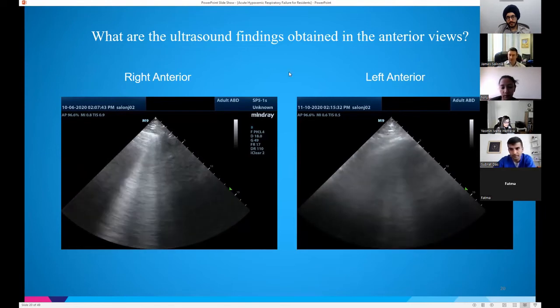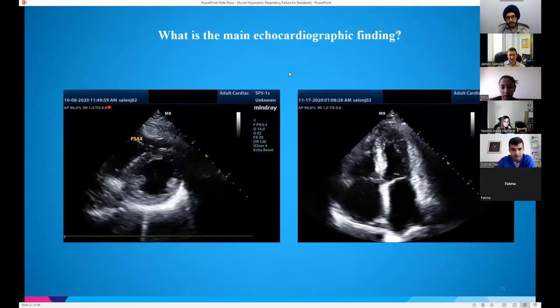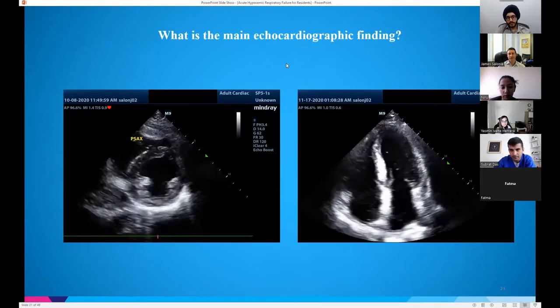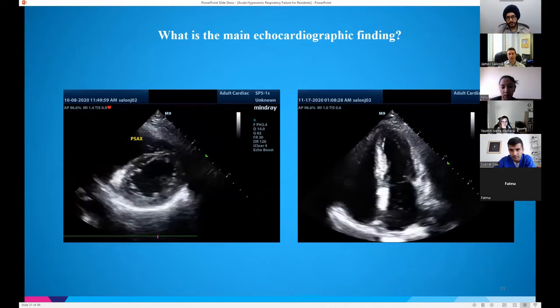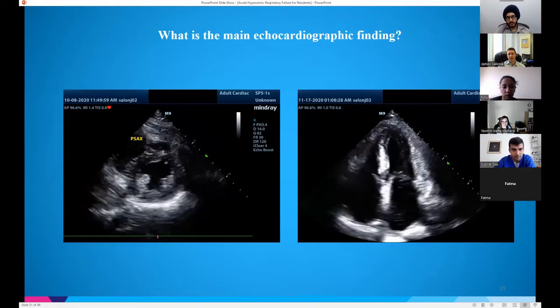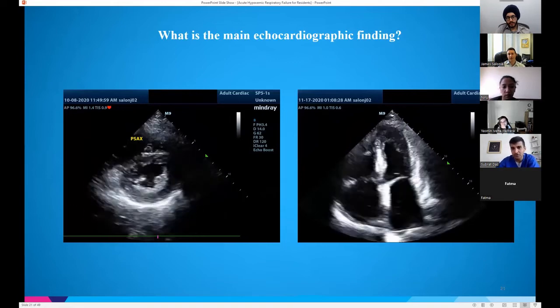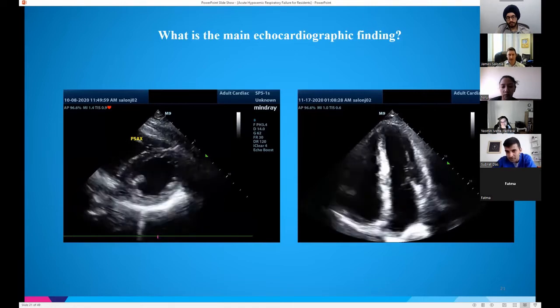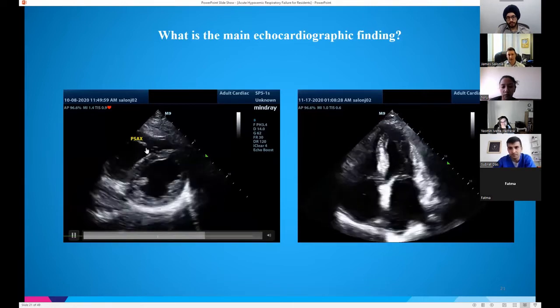Excellent. So now we get some echo views. I think grossly normal ventricular function. Good. I agree. Parasternal short axis, LV, RV.